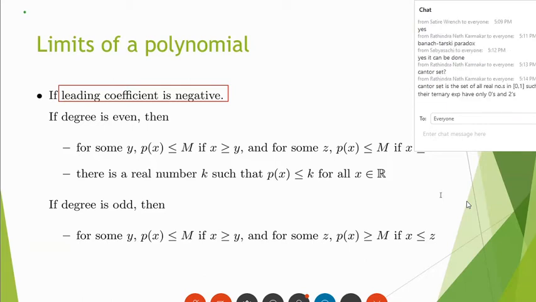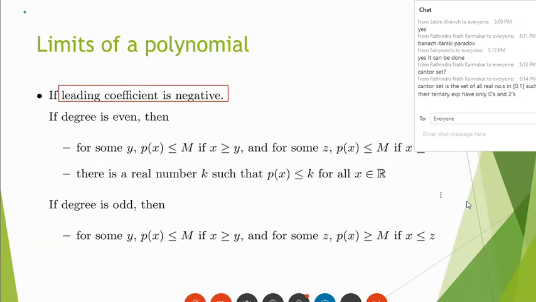Ternary expansion consists of zeros, ones, and twos. So the Cantor set is that set for which you have only zeros and twos, between 0 and 1. But there is a more intuitive construction of the Cantor set, and that also explains why this concept of volume and length are all difficult.